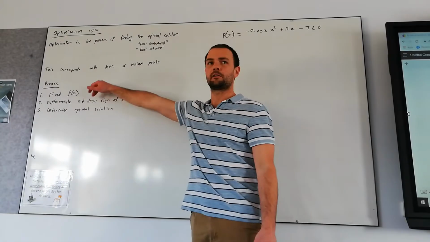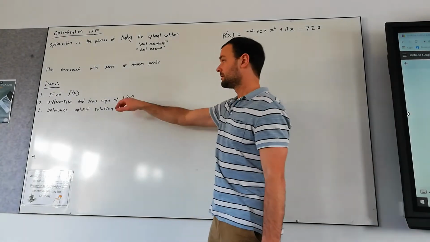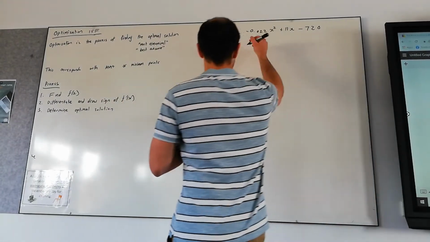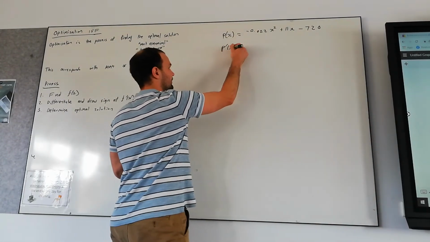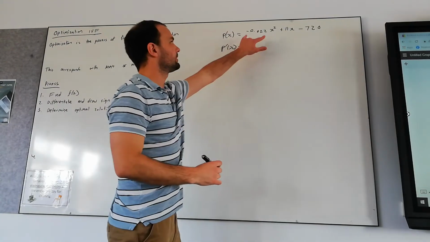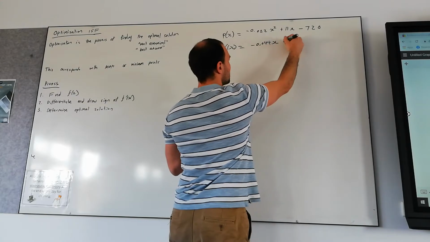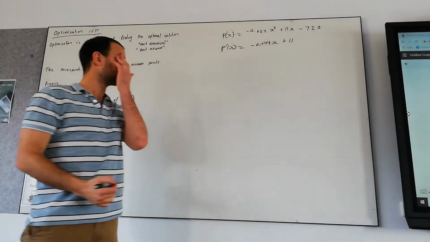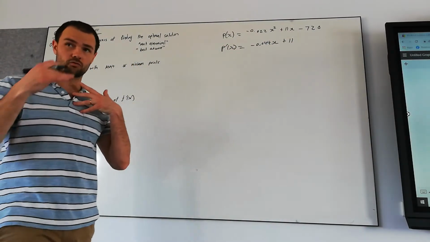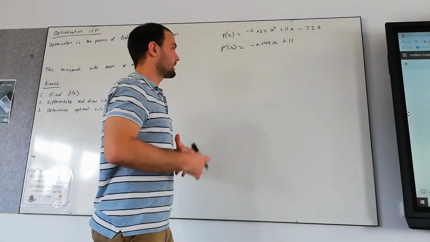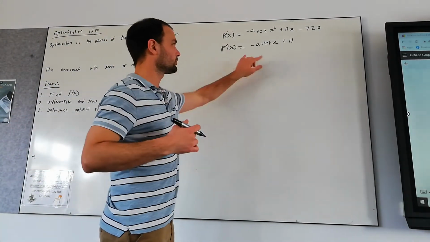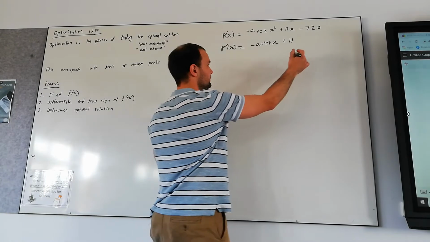Find f of x, done. We don't need to do that, it's given to us here. Differentiate. So we've got to find P dash of x. If we differentiate this, we'll get minus 0.044x plus 11. Okay, and draw its sign diagram. So that means I need to find the root of this, what's going to make this equal to 0.